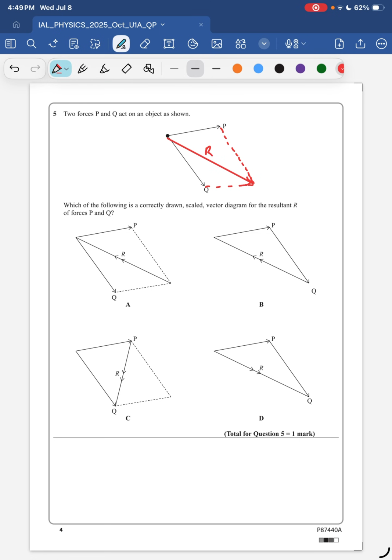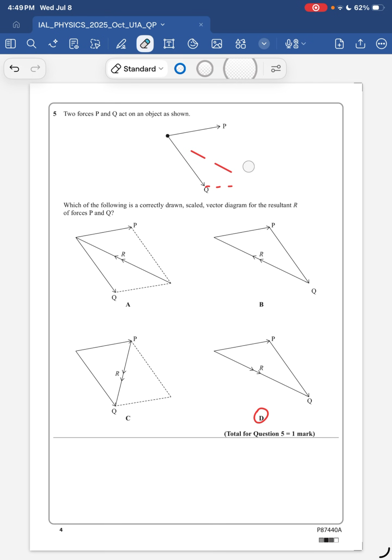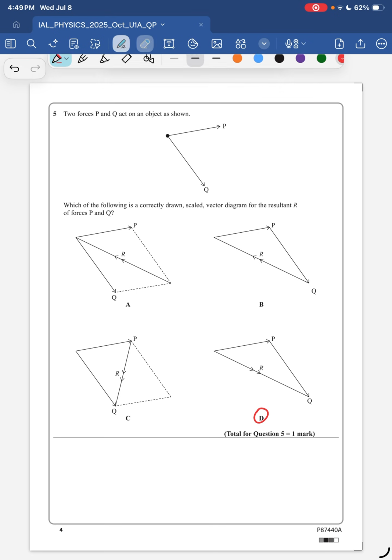In options A and B, R points in the wrong direction, and the same goes for C. So the correct answer is D, but they use a different method to add these vectors. I'm going to erase what we just did, which is the natural thing to do.